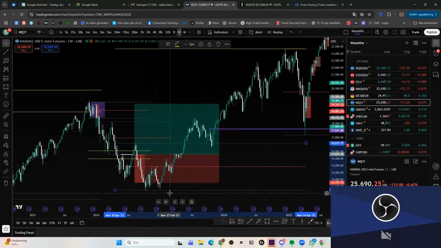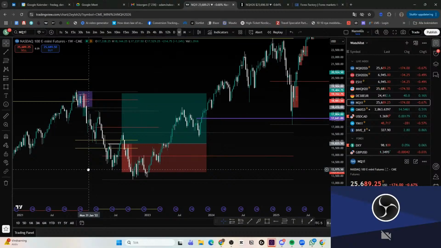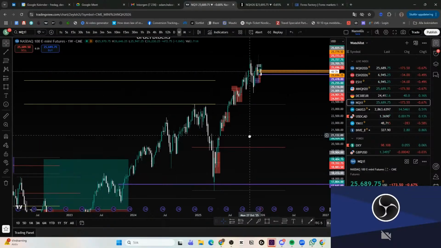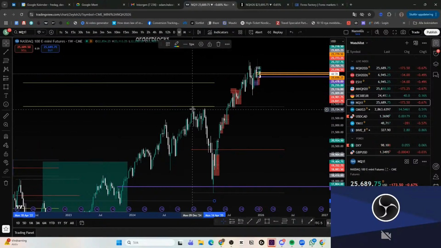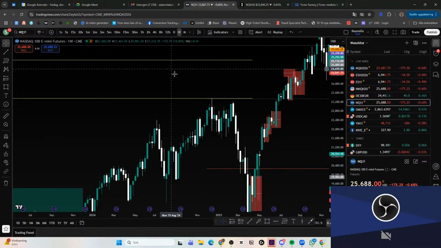Banks are buying positions all the way there. And what do we get? Boom! Look at that touch. I mean, that's kind of scary. Sorry.